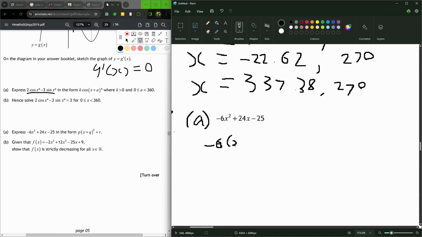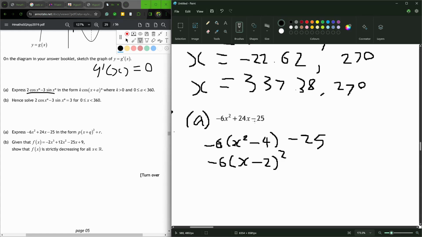So we have x squared, and then it'll be minus 4, because we divided it, and then minus 25. So yeah, this is still the same equation, but we've just split it up a bit. Then what we're going to do is we're going to turn this into a square term, and that means we have to go minus 2, because when you do this, you take the power from that and you divide that by 2 and get squared.